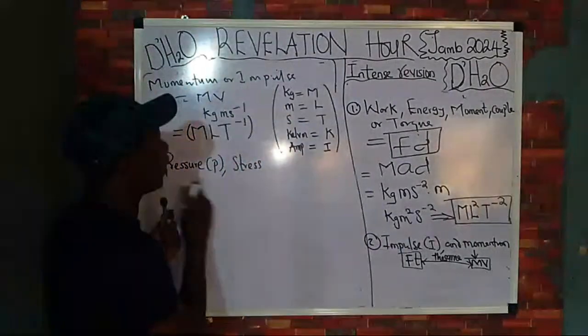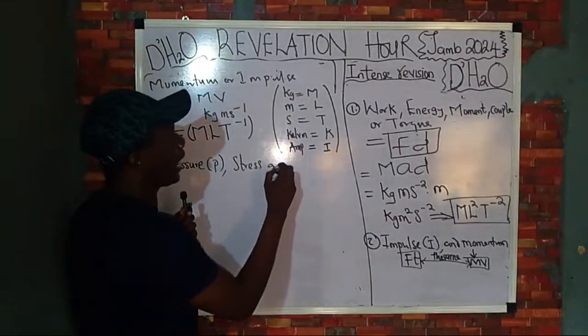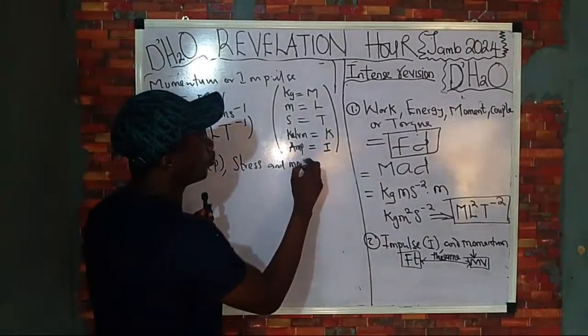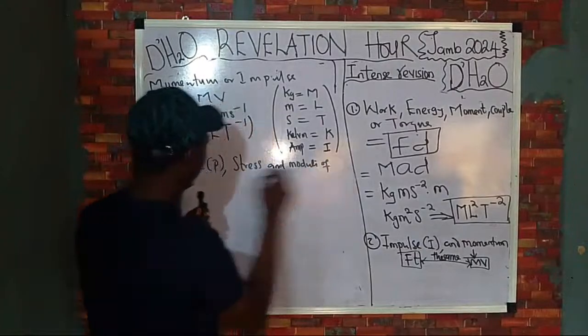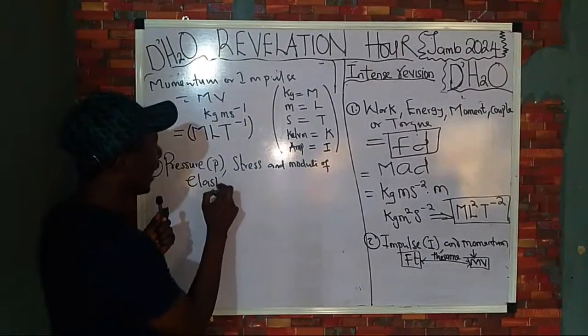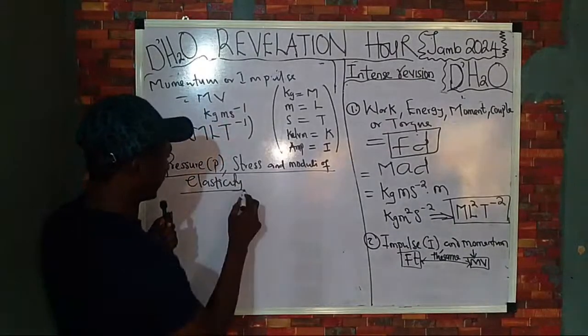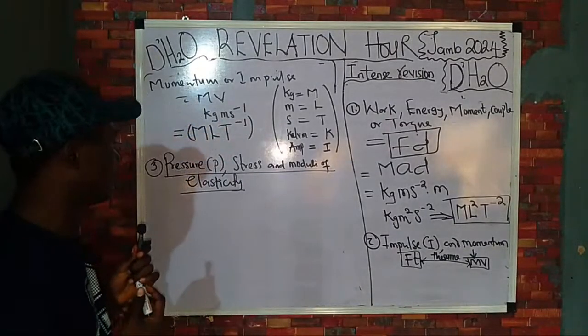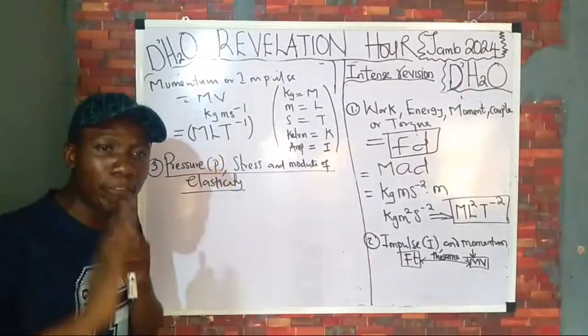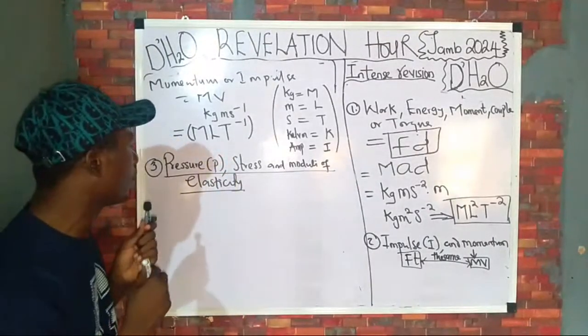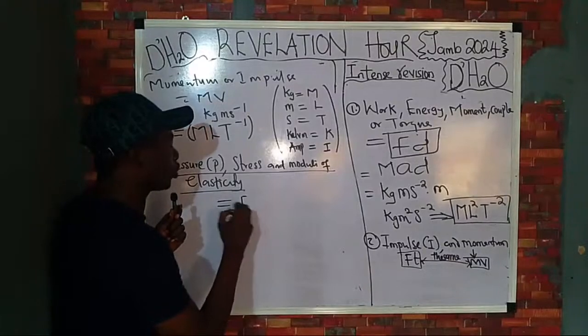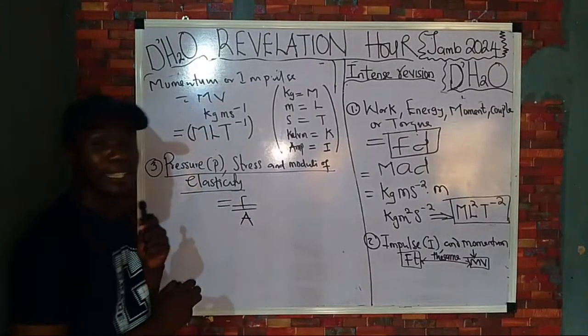So pressure and stress, as well as your moduli of elasticity, have the same general formula, and the general formula is that they are all equal to force over area. Please write it down.